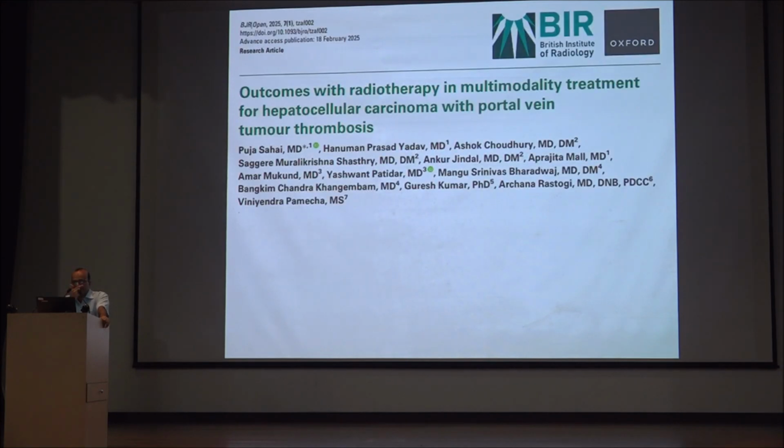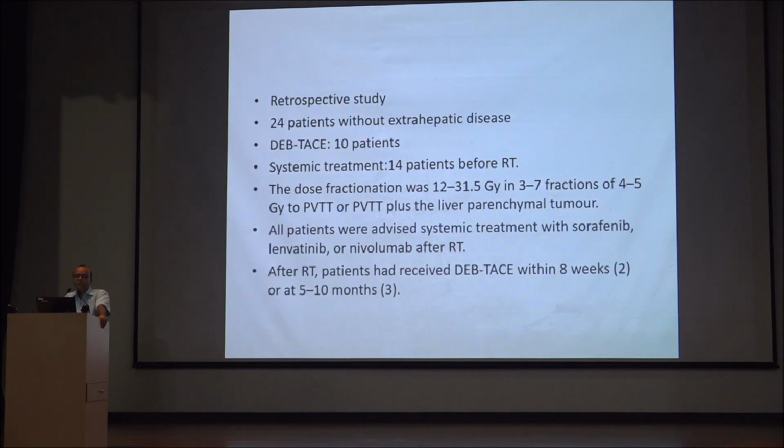Another interesting paper I found from ILBS is on the outcomes of radiotherapy in multimodality treatment of HCC with portal vein tumor thrombus. This is a retrospective study of 24 patients without extrahepatic disease. 10 patients had TACE prior to the radiation therapy. Systemic treatment was received by 14 patients before radiotherapy.